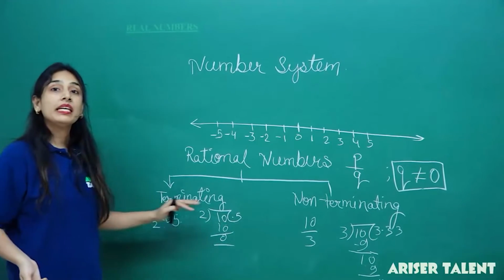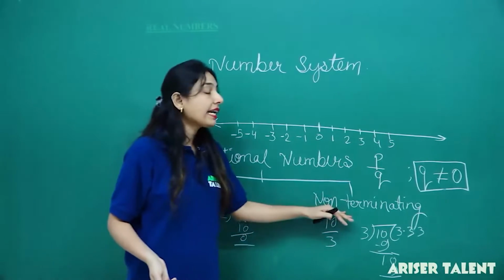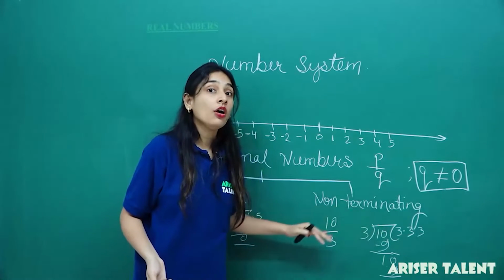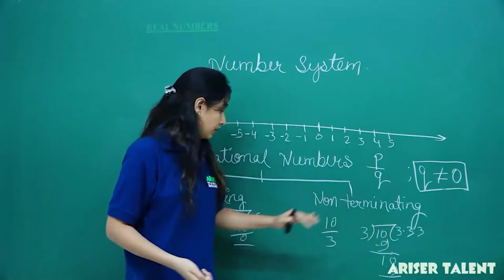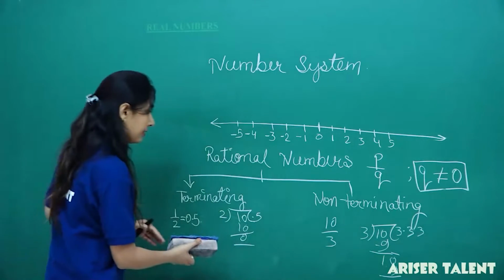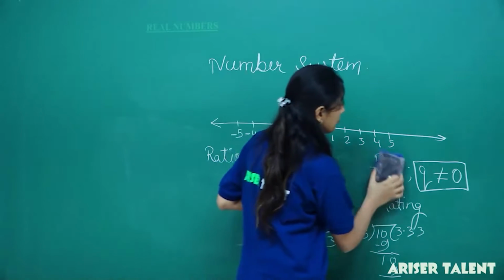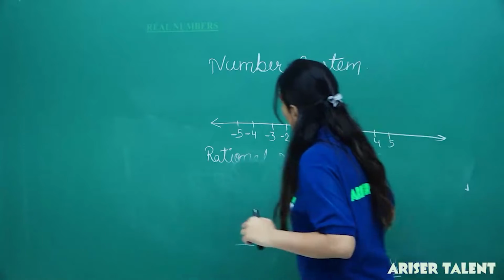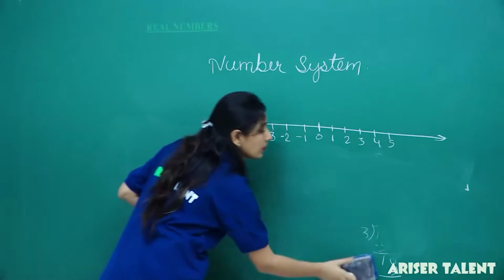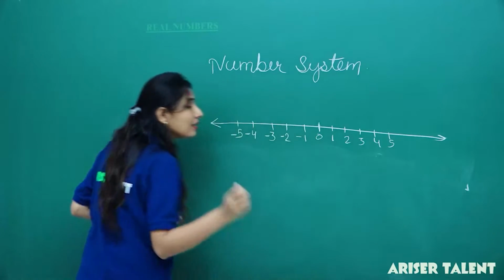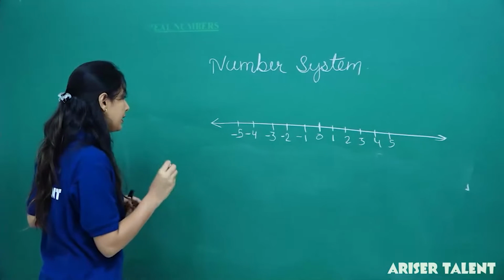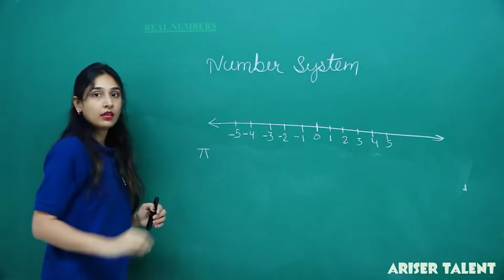Okay, so we are having two kinds of rational numbers. One is terminating or recurring, and second one is non-terminating and recurring. Okay, now again some sets are also here like pi.